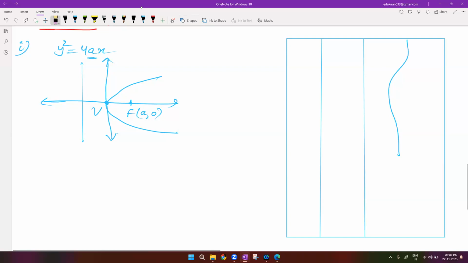Sorry. You can also form this table quickly.